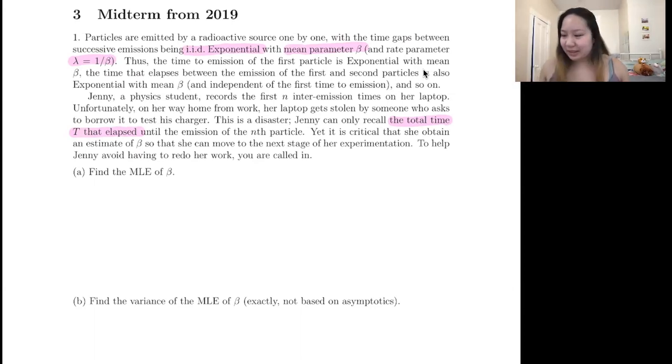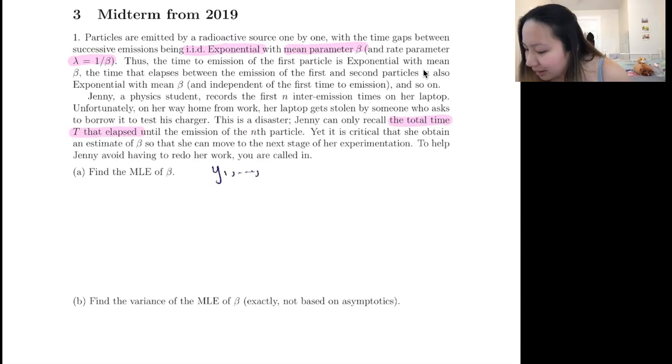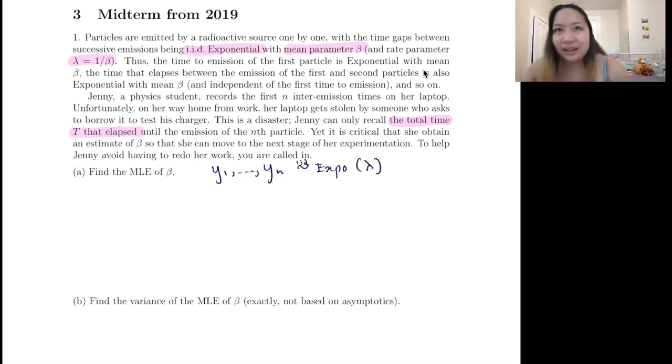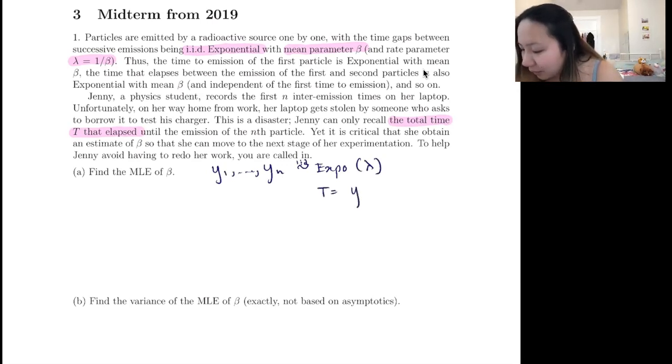First, to summarize what we learned there, we have a bunch of IID Expos, Y1 through Yn, and these are IID Expo with mean lambda. And then we only know t, which is the sum of all of these guys.